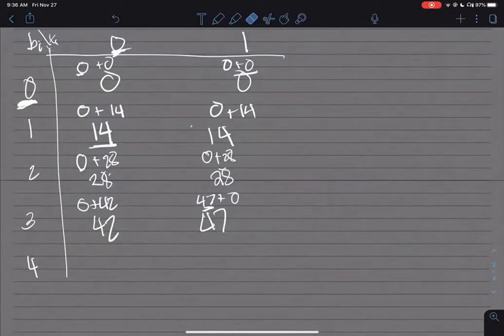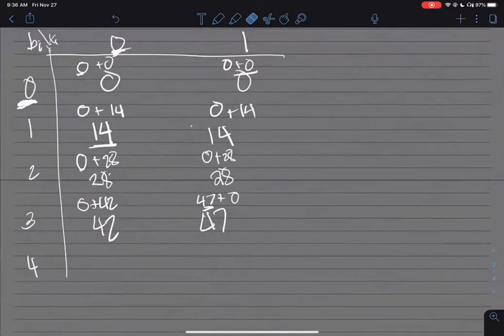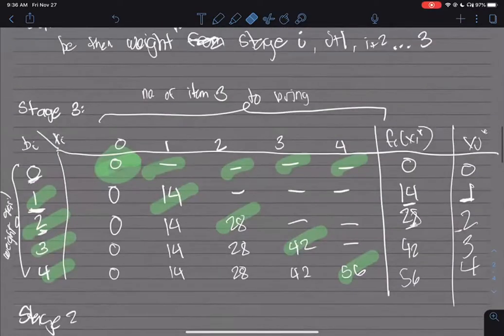But since the weight of item 2 is 3, ang inallocate lang natin is 3. So, 3 weight units, nag-allocate ka ng item 2 na 3 units ang weight. So, 0 units left for item 3. Kapag 0 units left for item 3, the best alternative is to bring 0.